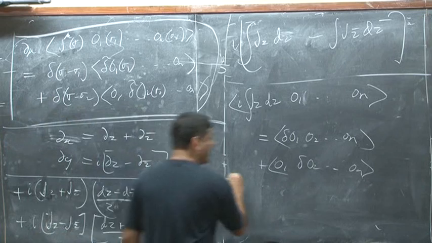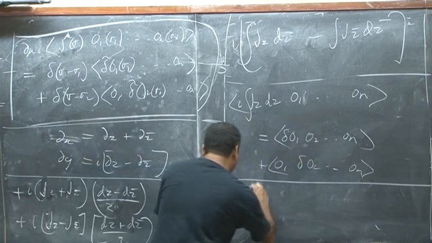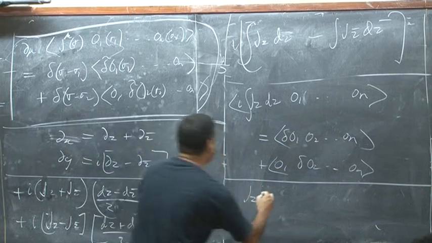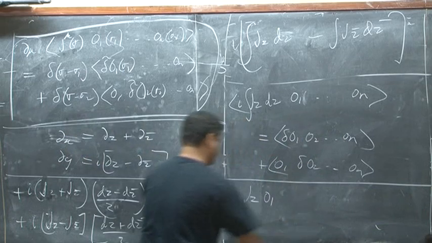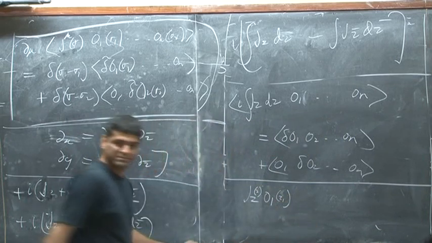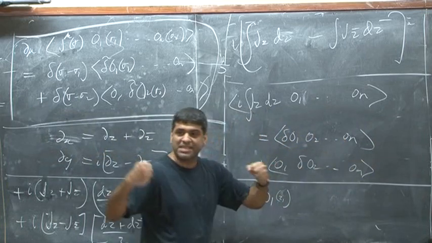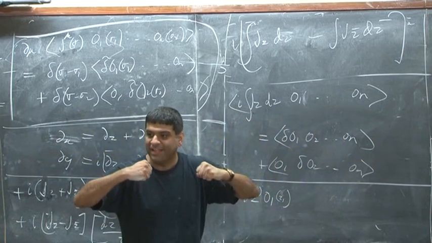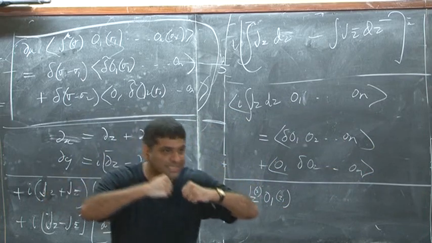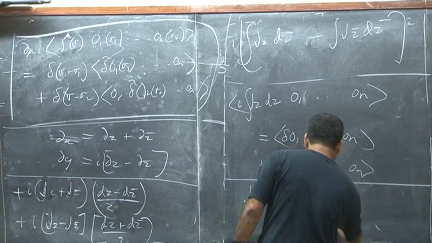So, we conclude that we've got Jz O1. Irrespective of what's happening with the other guys, the singularity that occurs when J approaches the insertion of O is equal to delta O1 by Z minus Z1.